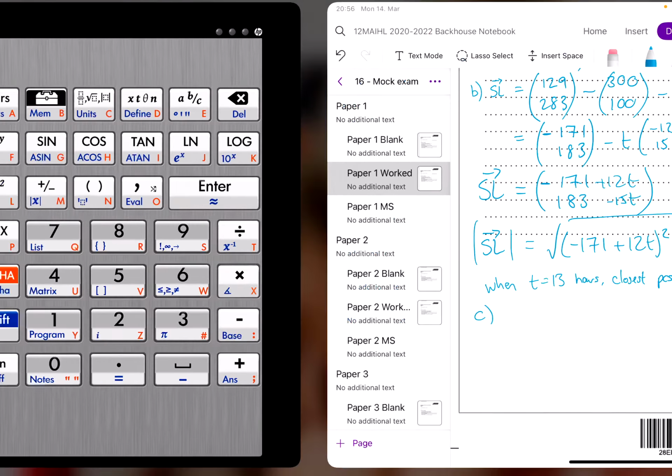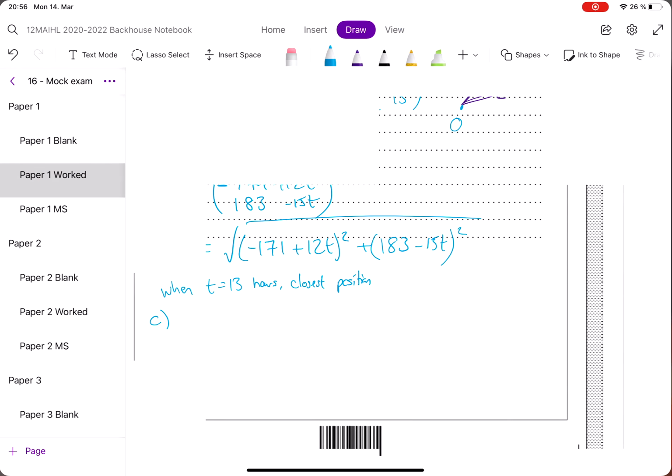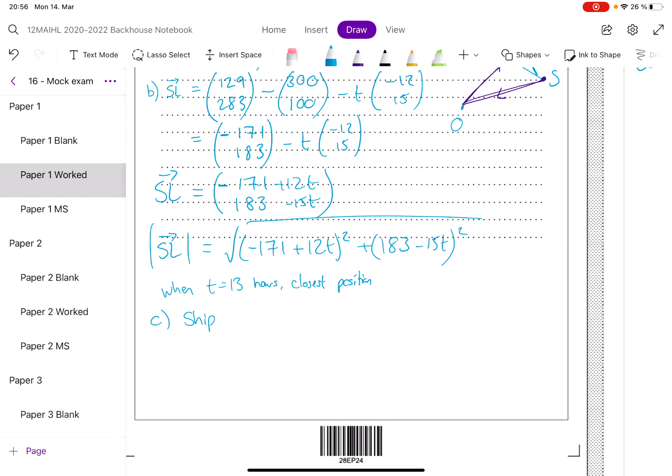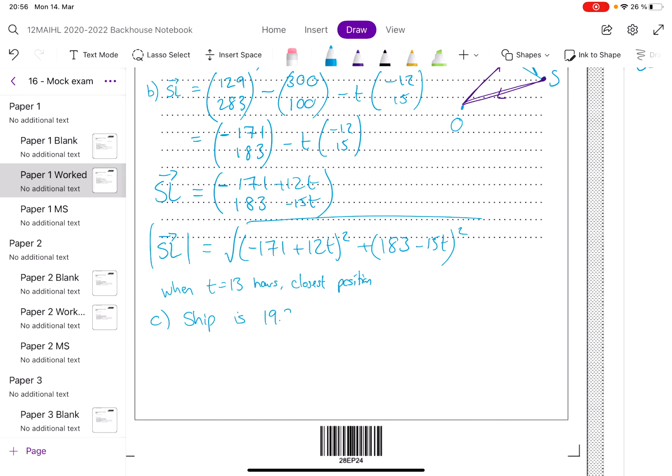Right, let's get that distance. It was 19.2. Ship is 19.2 kilometres from lighthouse when t is 13. 19.2 is less than 20, therefore the alarm will sound.